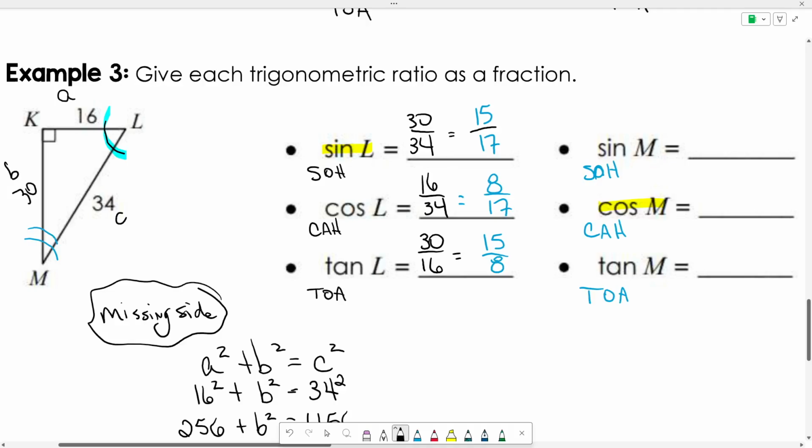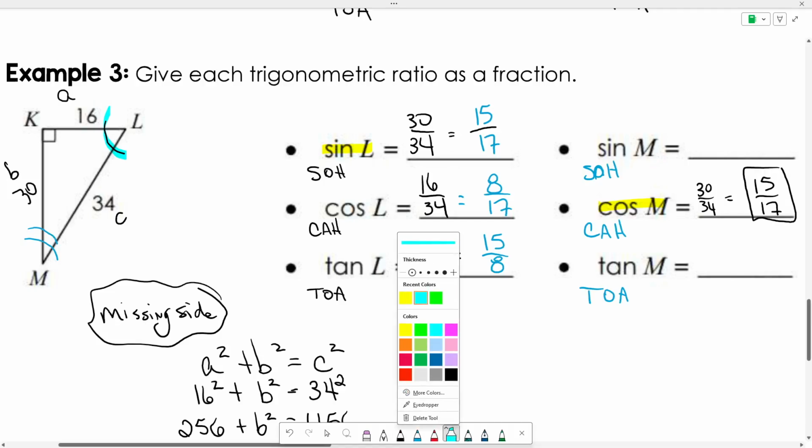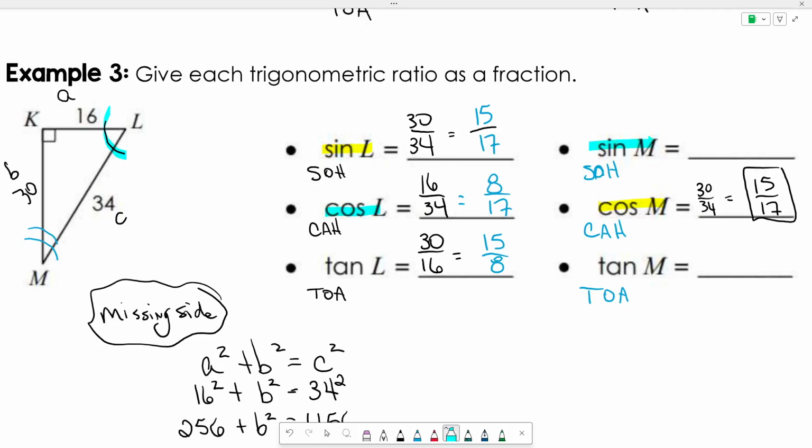Since I've already done the sine L, I can come over here and say 30 over 34, which I know is 15 over 17. And then I know that these two are the same. Cosine L and sine M, those are the same.